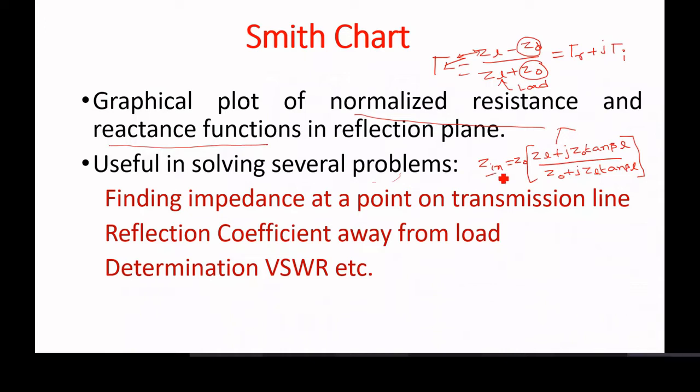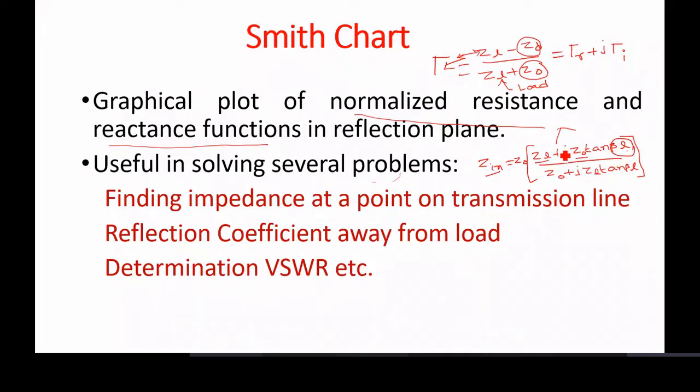So you can find the input impedance, or any impedance on the line, if you know ZL, the load impedance, the characteristic impedance and the length of the transmission line. So in order to find it, you have to substitute in this formula. You have to find the tan beta L value, then again substitute here.